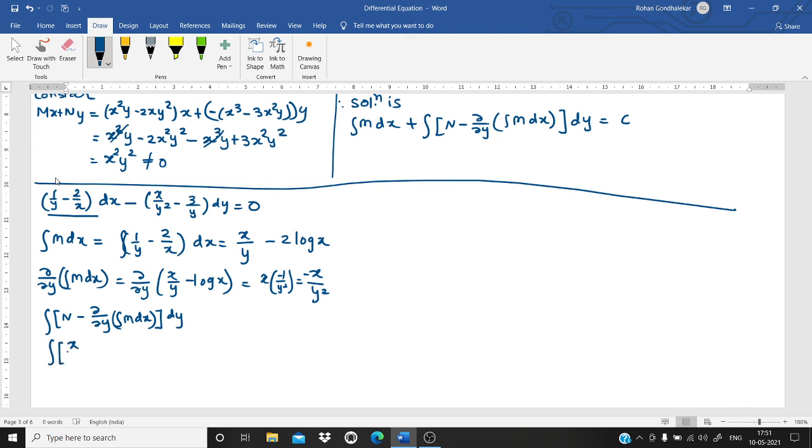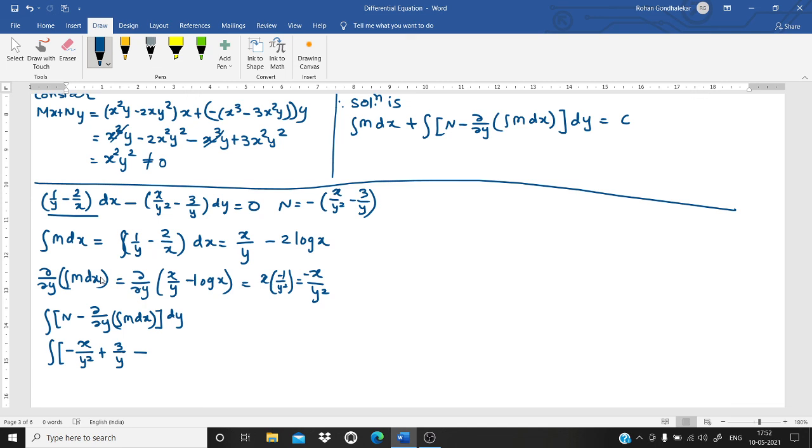The N is x upon y square, minus 3 upon y. I'll give the minus sign inside the bracket at the same time, so that it will be very clear to write the values. Minus x upon y square plus 3 upon y. Okay. Then minus del by del y of integral M dx.